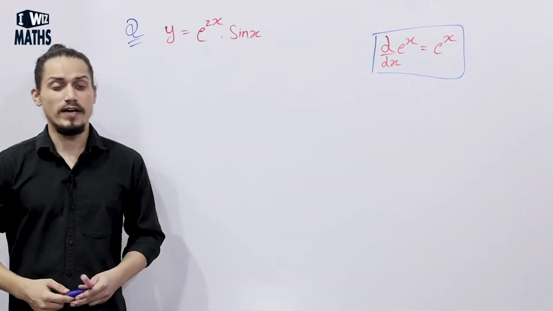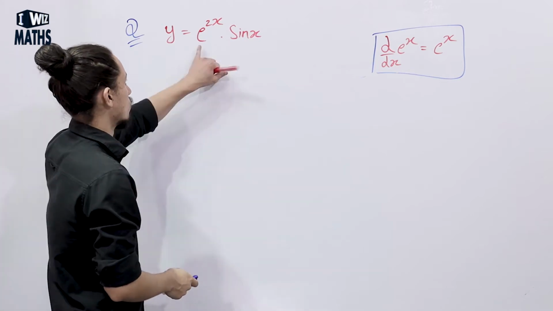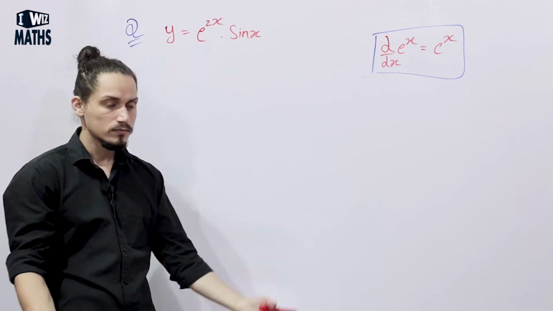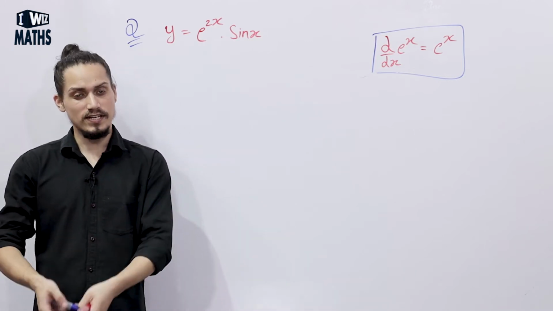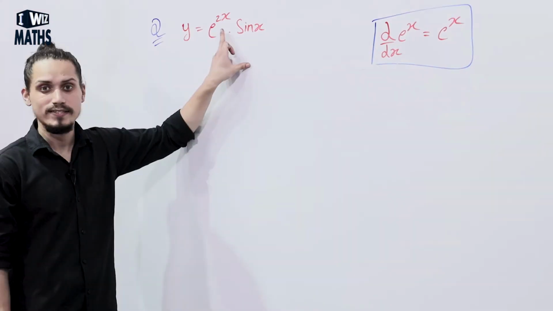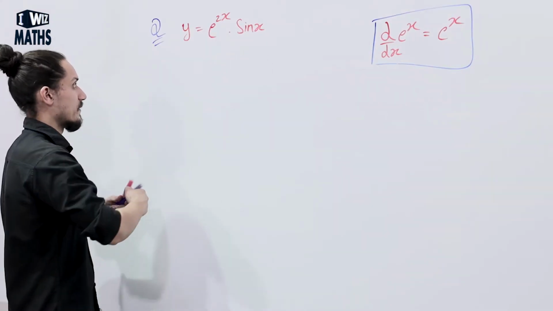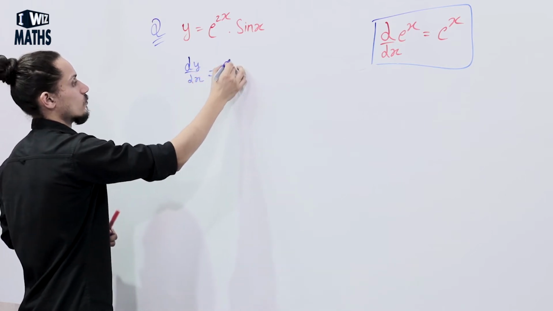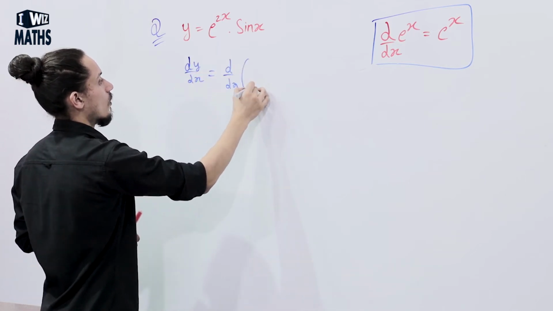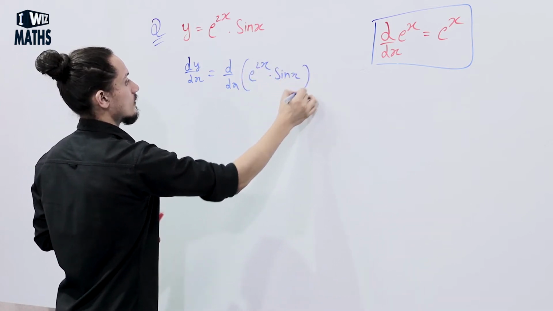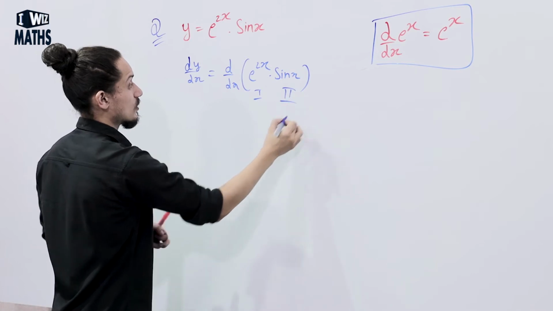Next example is we are given a function y is equal to exponential 2x into sin x. So derivative of this function dy by dx is equal to d by dx of e^2x into sin x. This is first function, this is second function.